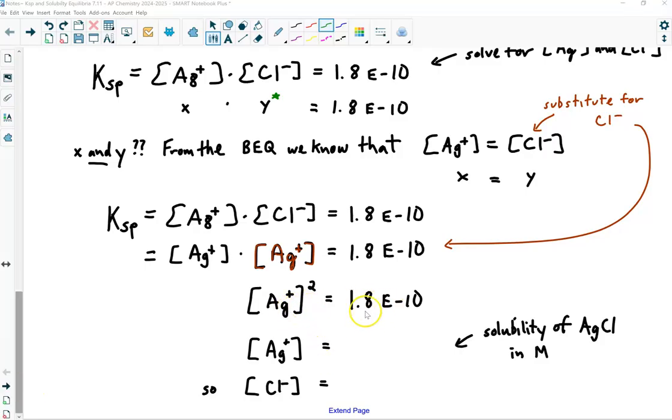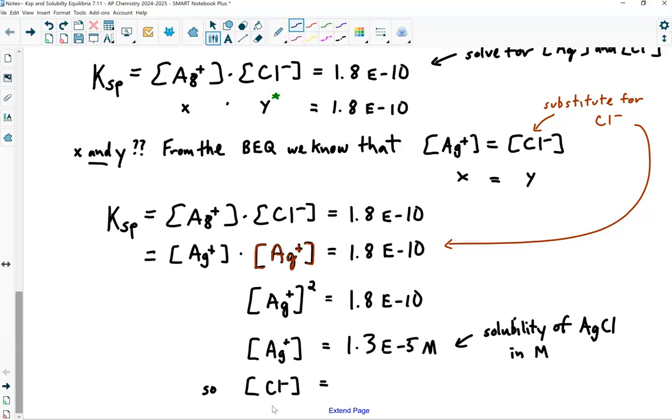When I take the square root of both sides to get the silver ion concentration, I get 1.3, and there's really only 2 sig figs, times 10 to the negative 5th. And now you can actually say molar because this is a concentration. Even though it was unitless before, you're solving for a concentration now, so you can put in the molarity. That would be the solubility of this salt.